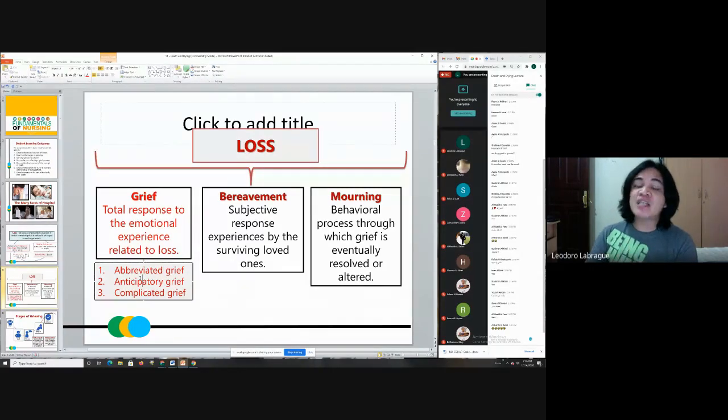The husband starts to feel grieving even if the wife is still alive in the hospital. We call it anticipatory grief. There's no actual loss yet, but there is an advanced emotional experience.